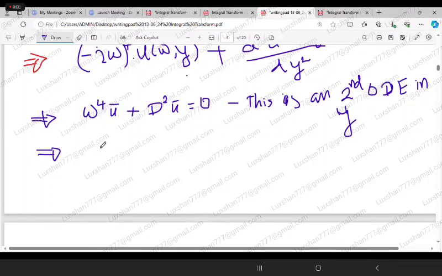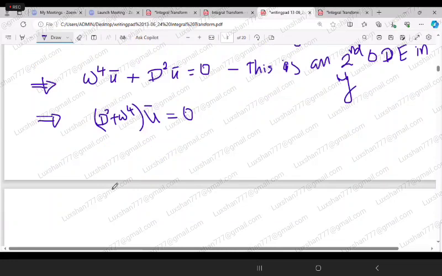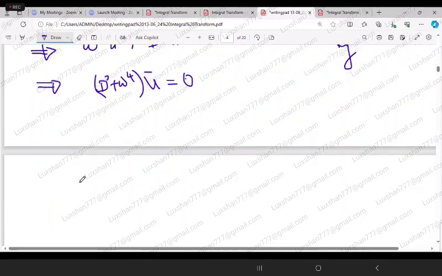So if you write this in this form, you can write this as d squared u bar over dy squared plus omega to the power 4 u bar is equal to 0. Then you can write the solution using the auxiliary equation.